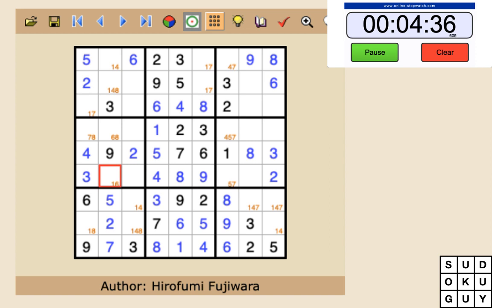This column is missing 1, 4, 6, and 8. Fill that in accordingly.